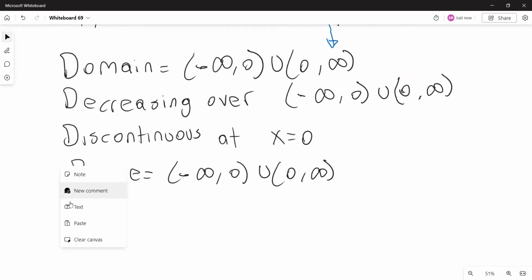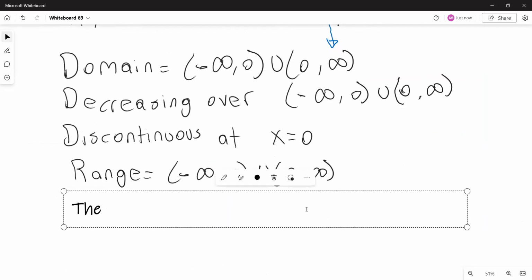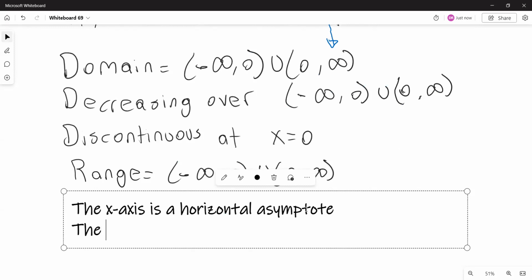So the x-axis is a horizontal asymptote. And the y-axis is a vertical asymptote.